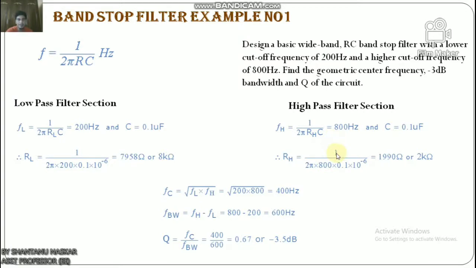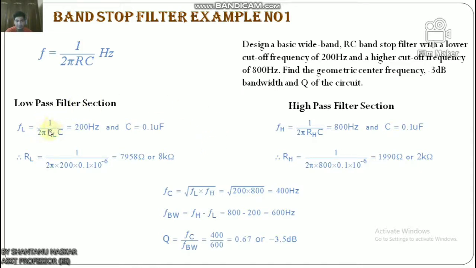The upper and lower cutoff frequency points for a band stop filter can be found using the same formula as that for both low and high pass filters, as shown. f equals 1 by 2 pi RC Hz. Assuming a capacitor C value of 0.1 microfarad for both sections, the values of the two frequencies determined by resistors RL and RH are calculated as follows.